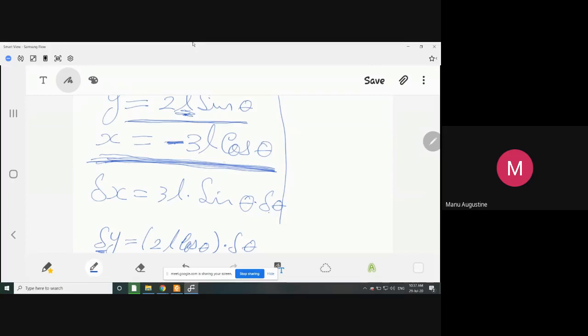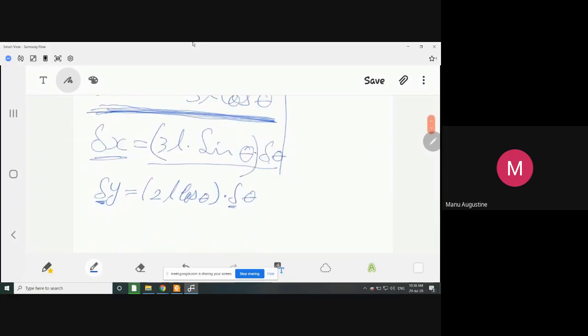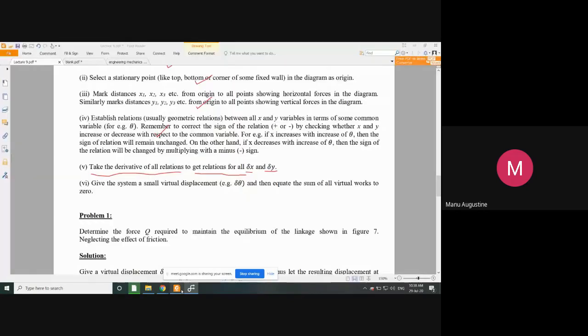Because the derivative of cos theta is minus sin theta, and that minus and this minus will get cancelled out. And eventually what you will get is del x is equal to 3L sin theta del theta and del y equal to 2L cos theta del theta. So this has also been established, and with this, you finish this step also.